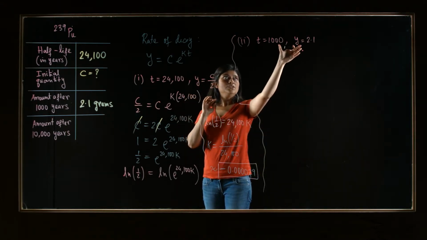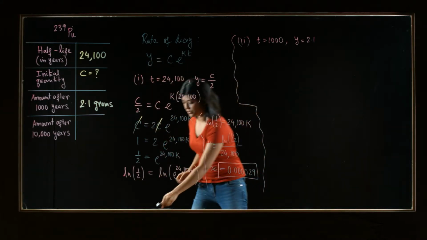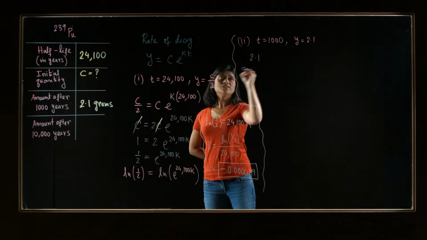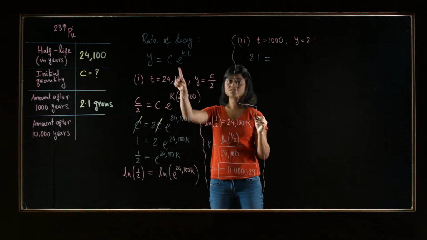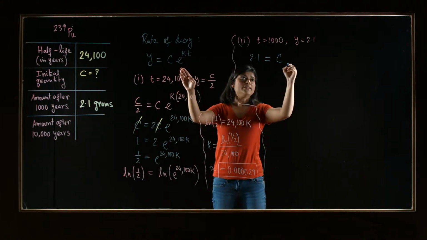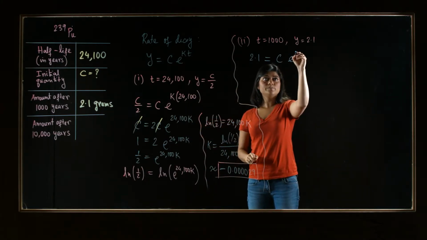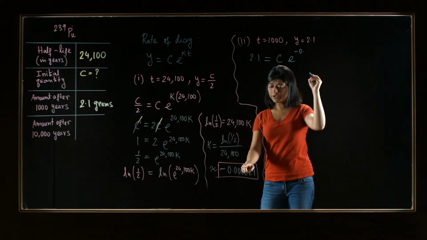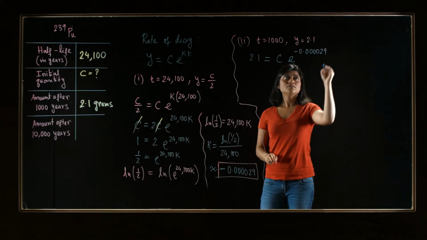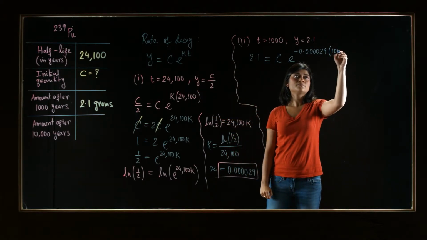Plug these values into the original equation. So we have 2.1 is equal to c, which we still don't know, times e to the power k, which is negative 0.000029, times t, and t is 1,000.